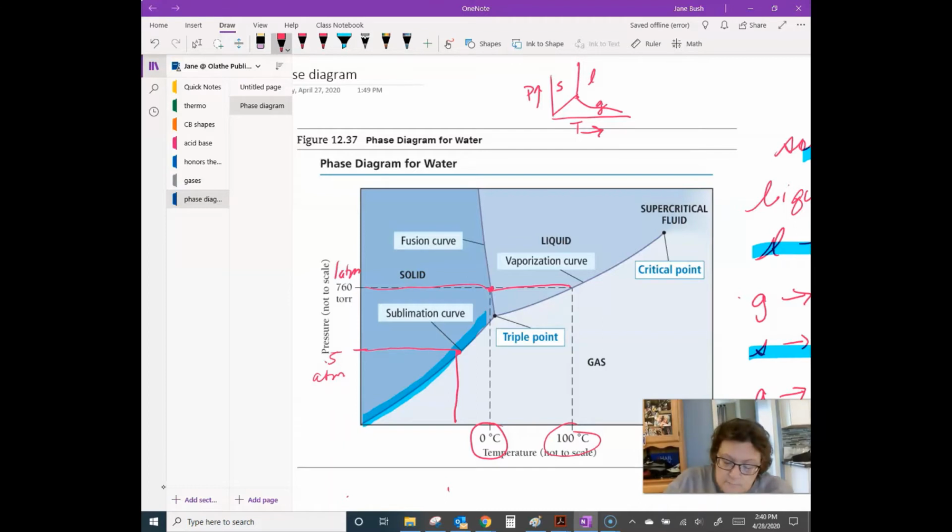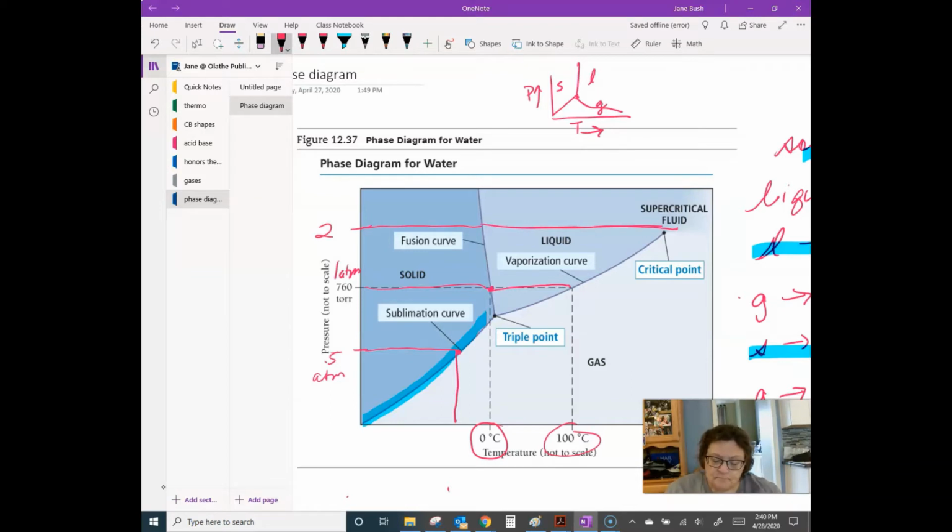And at this point, if we were at, let's say this is 2 atmospheres, and we go across, we find that our melting point is still close to 0. It's a little below. But in order to get that to become a gas, we're probably not going to get it because it's going to get to a point we call the critical point, where that liquid's now going to act like a superfluid.